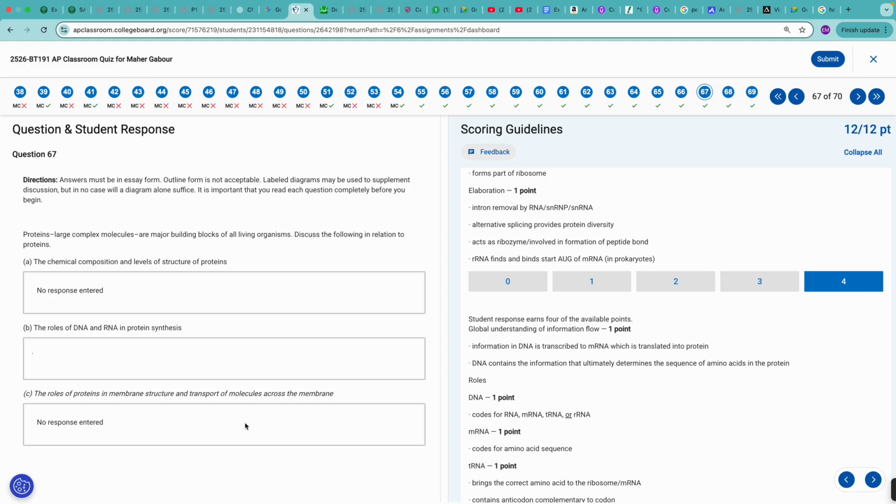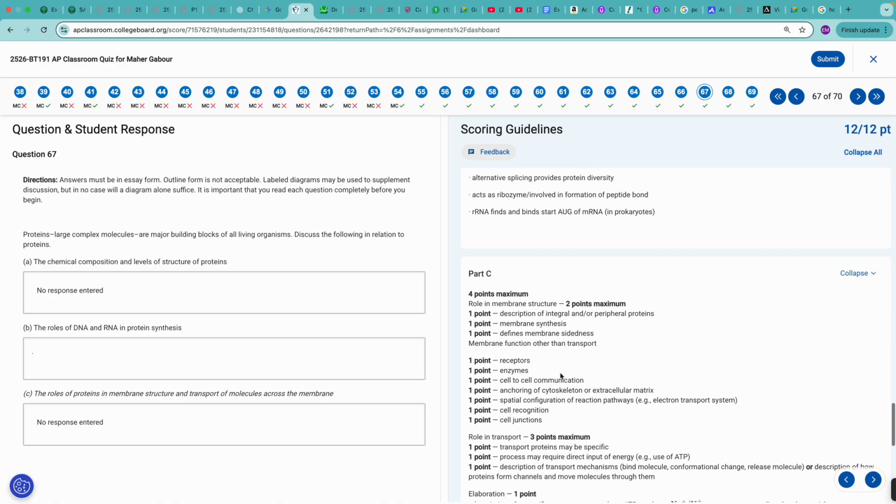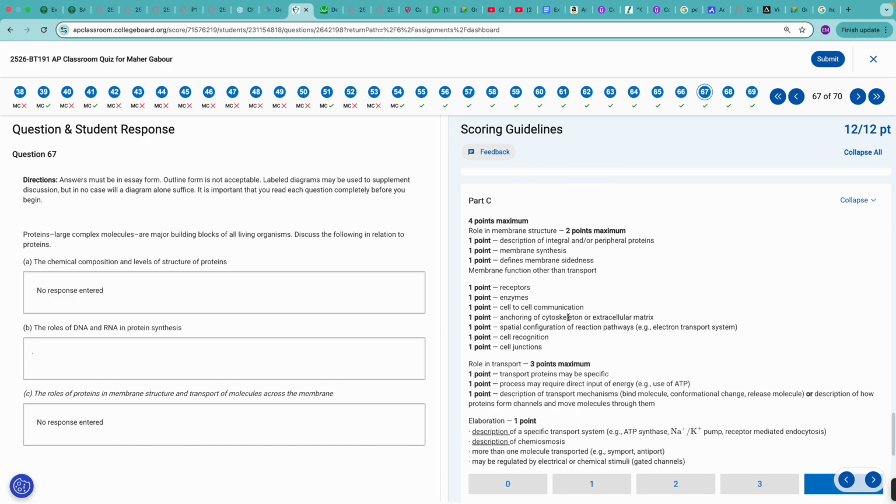The roles of proteins in membrane structure and transport of molecules across the membrane. Okay, where is part C? Now, the roles of proteins in membrane structure. We know that it's just 2 points maximum.